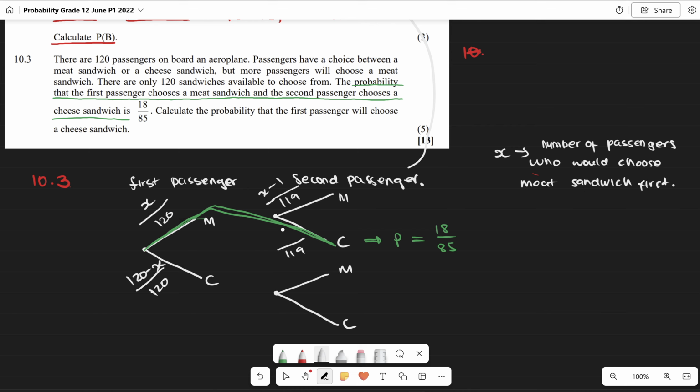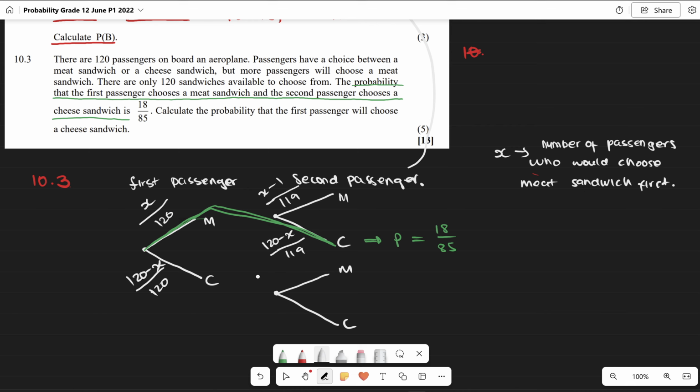So how many people would choose the cheese sandwich if they were the second passenger choosing? The number hasn't changed. The total number of people who would choose cheese sandwich is still the same, so that is still 120 minus x.